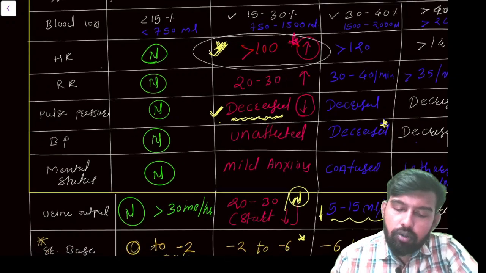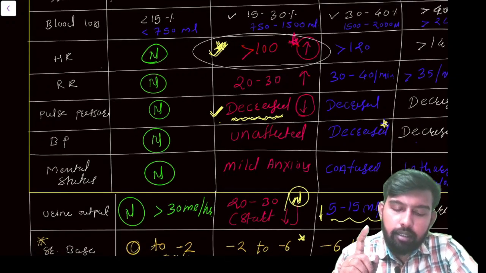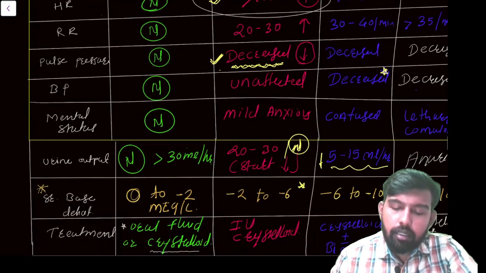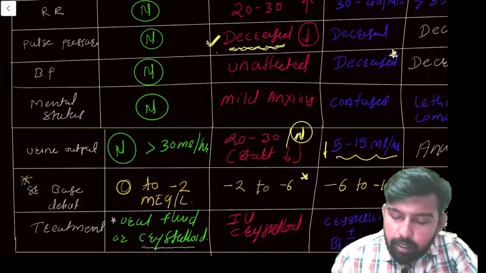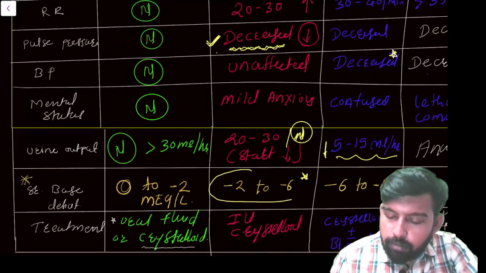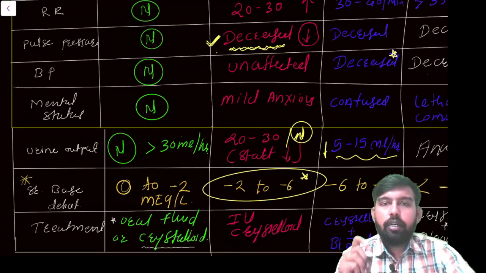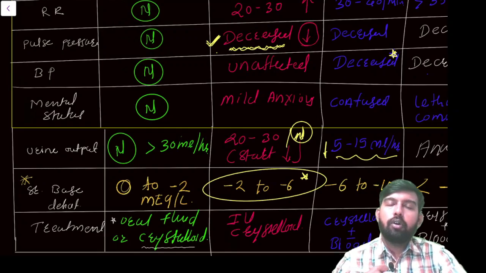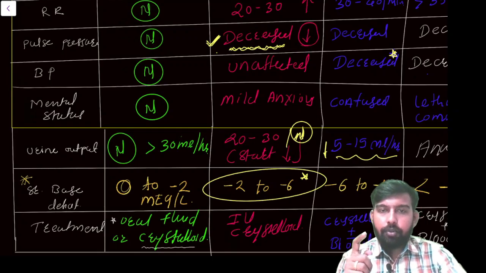And the base deficit in the class 2 shock could be -2 to -6. So it is a compensatory shock or a mild type of shock. Class 2 shock is also called a mild type of shock, a compensatory type of shock.